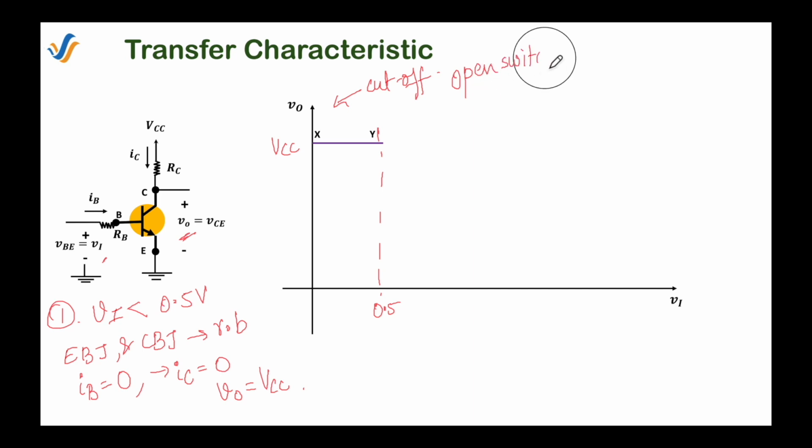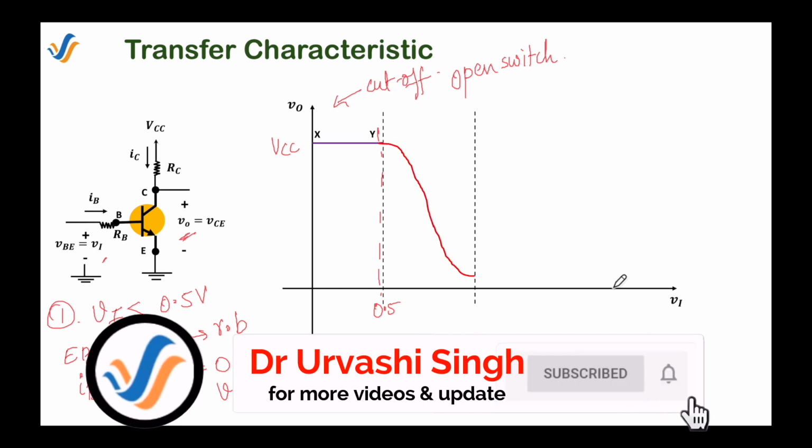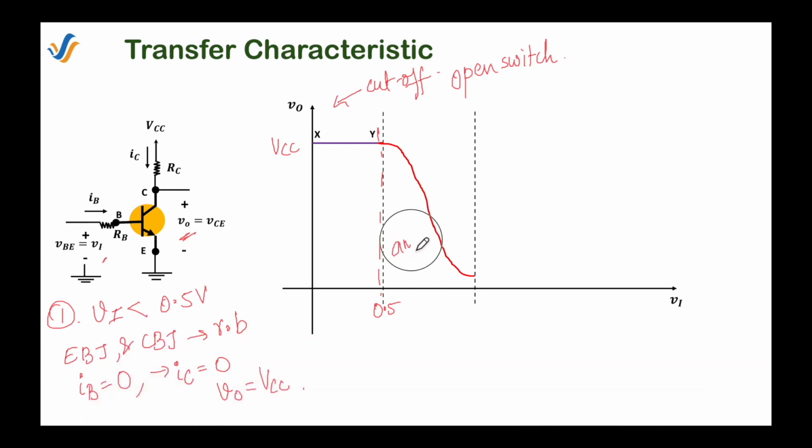Now if we increase the input voltage, it will enter into the active region, and what happens in the active region? Amplification. Amplification is not a desirable feature of a switch. That's why we are ignoring this part.